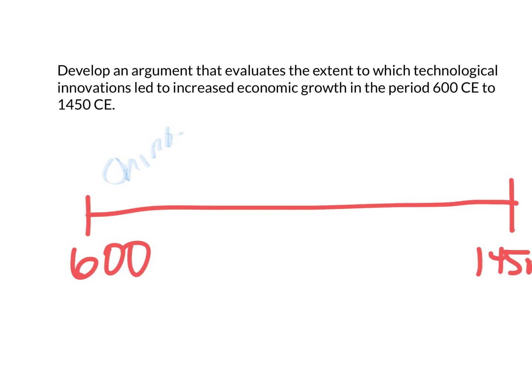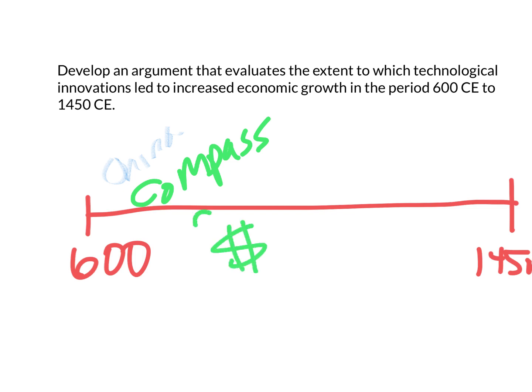There's a lot of things happening there in particular, and it's going to lead to economic growth. Things like the compass. We have flying money, especially happening in the Song Dynasty, where merchants are going to use traveler's checks, kind of an innovation.